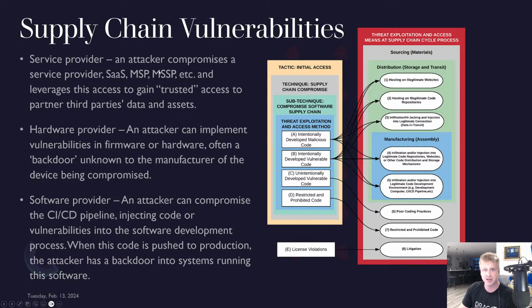With service providers, this one you've seen in the past with ransomware and some of the news over the past few years. The service provider essentially gets hacked, and this could be your SaaS provider, a managed service provider, or a managed security service provider. Any third party that provides a service to you, a compromise in their services gives that attacker trusted access to your data and assets.